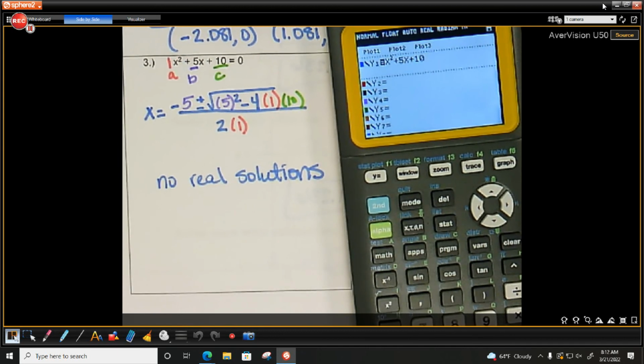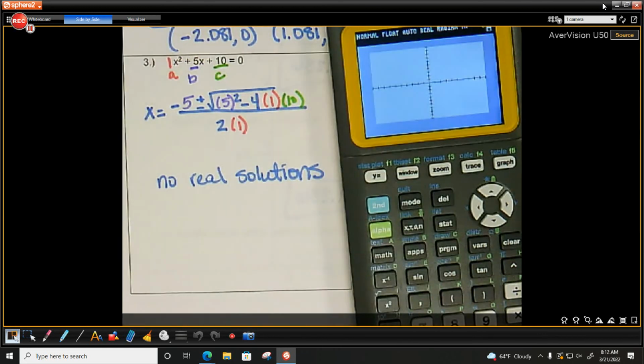So let's all go to y equals on our calculator and type in x squared plus 5x plus 10. Hit graph. Does that parabola ever get low enough to hit the x-axis? No, because there are no real solutions. Okay? Again, use your calculator to help you. We good? Okay.